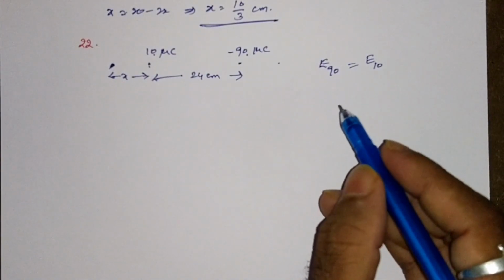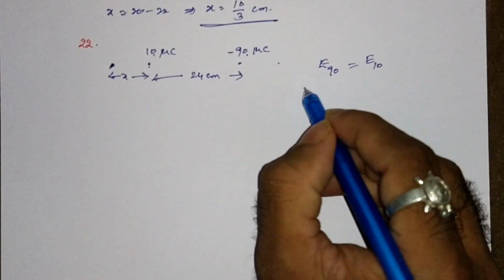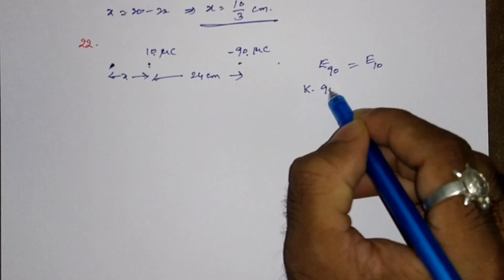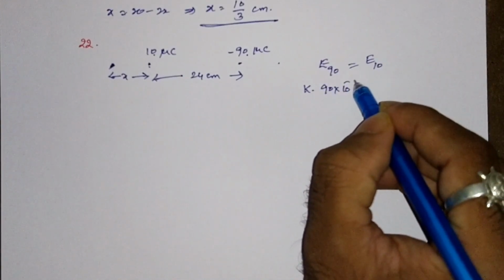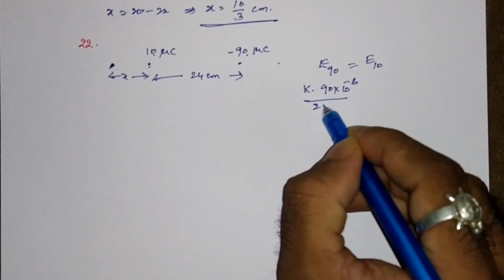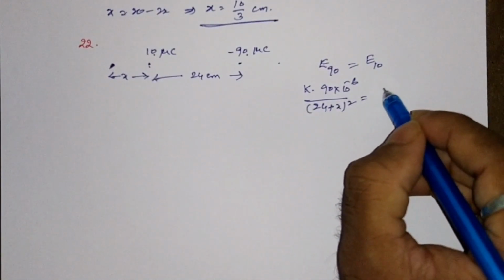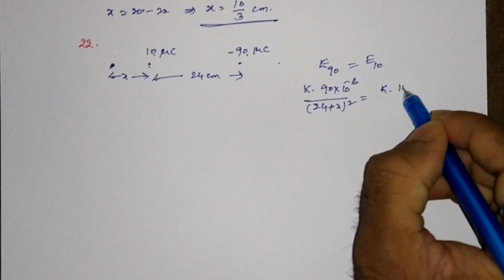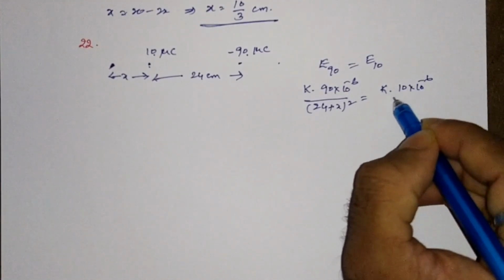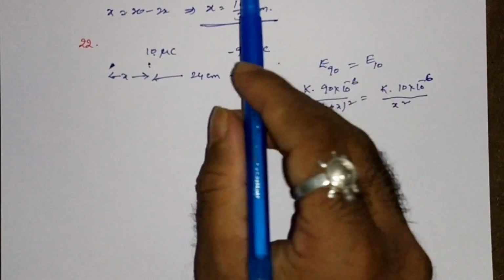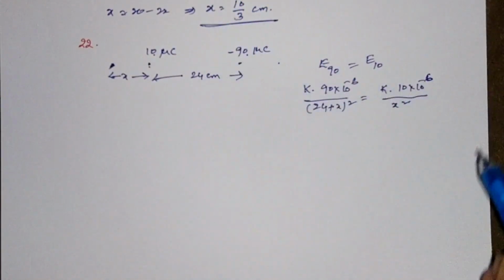Can you do it now? Simply, E90 is K into 90 into 10 power minus 6 by 24 plus x whole square, and E10 is K into 10 into 10 power minus 6 by x square. Now you solve as we have solved in the previous case.